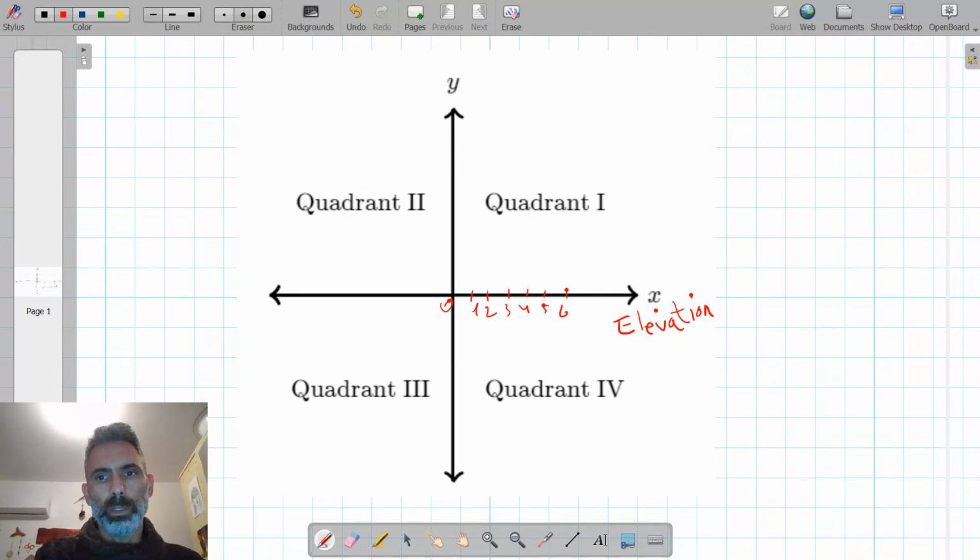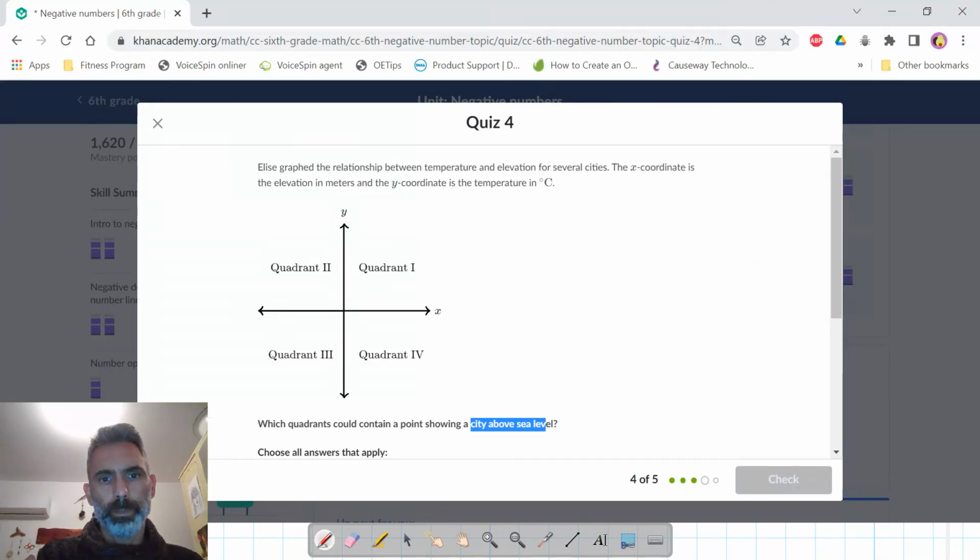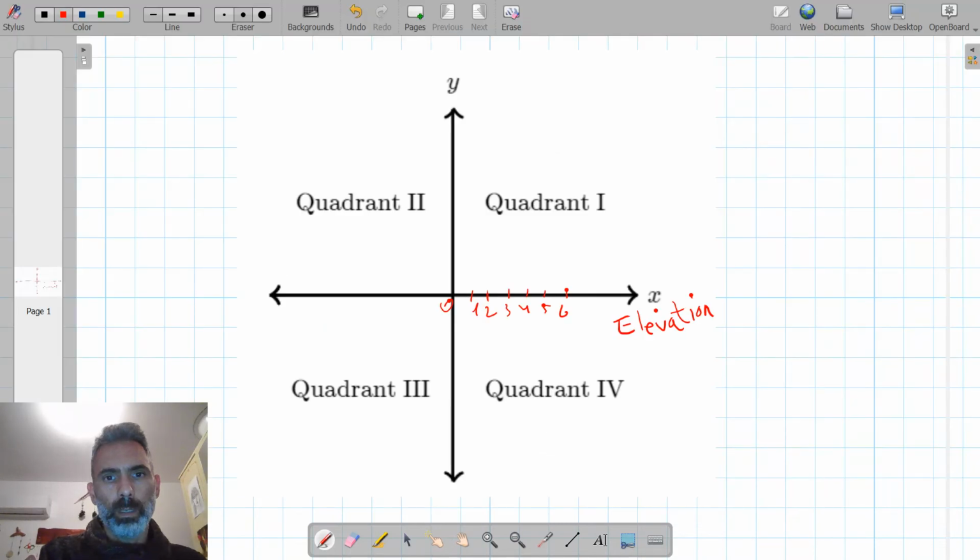So a city above sea level is a city to the right of the 0. So it can be either here or here.